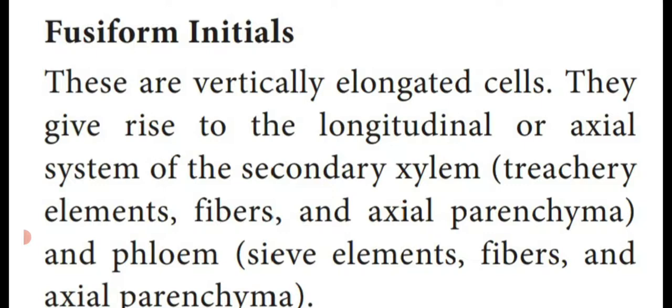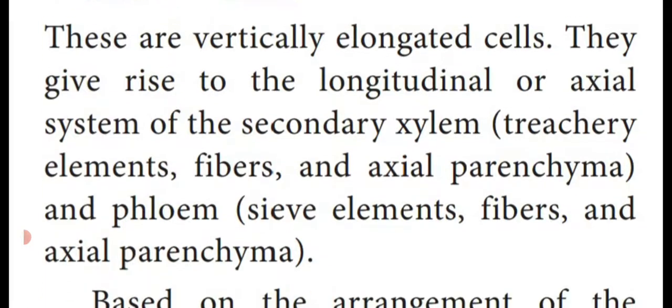This fusiform initial gives rise to the longitudinal or axial system of secondary vascular tissue, that is secondary xylem and secondary phloem. Secondary xylem consists of tracheary elements, that means xylem trachea, xylem fiber and xylem parenchyma. Likewise, the secondary phloem consists of sieve elements, phloem fiber and phloem parenchyma.